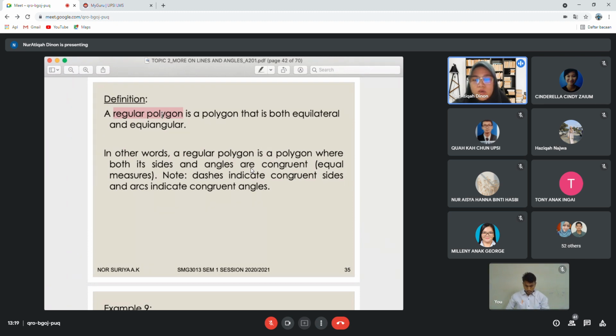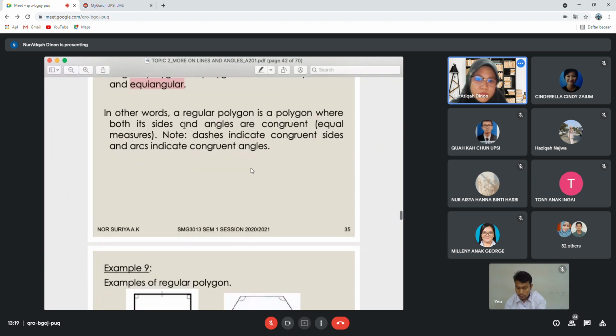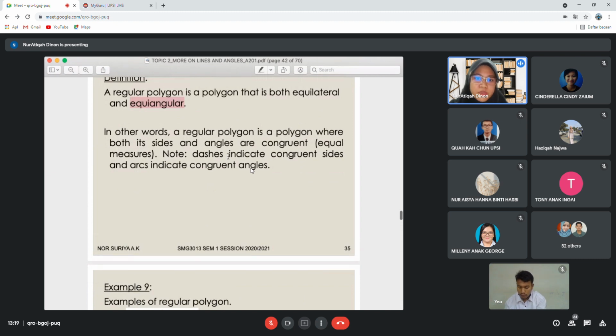Equilateral means having all sides of the same length, but equiangular means having all angles of equal measure.